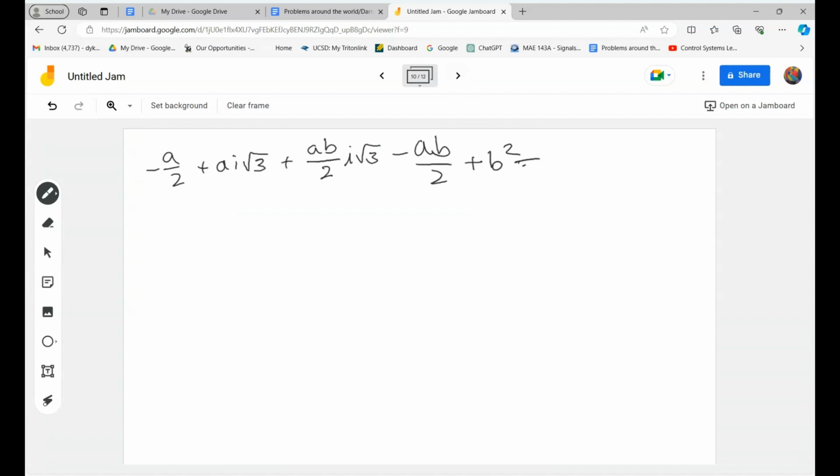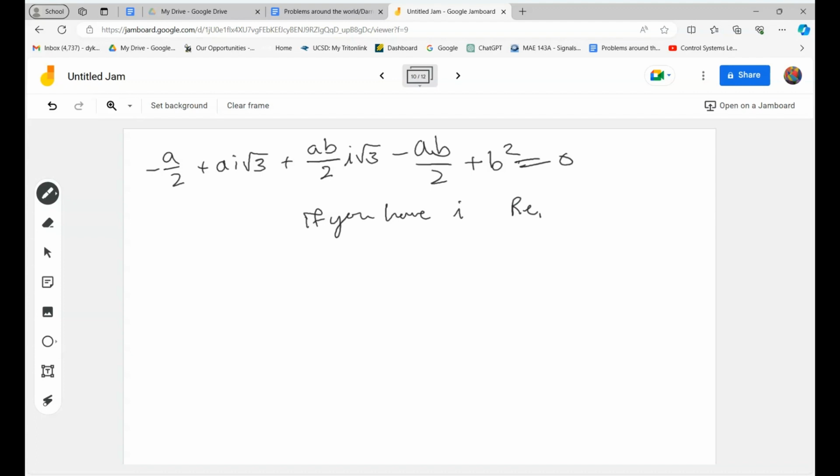Now, one thing to note is that if you have imaginary and real, real cannot cancel out imaginary, and imaginary cannot cancel out real unless you do squares or something special with it.